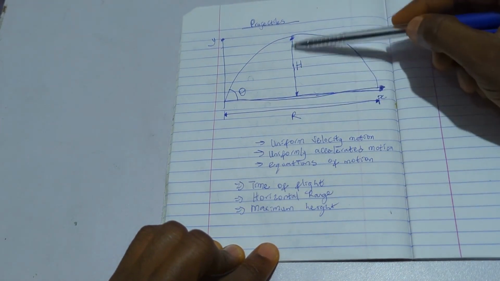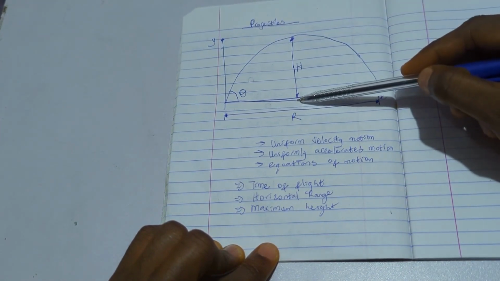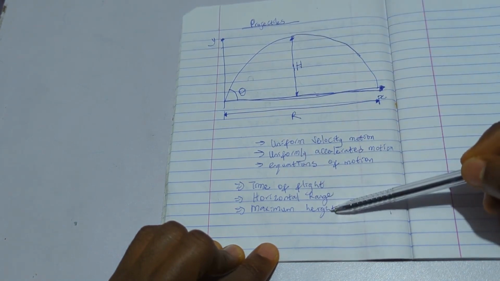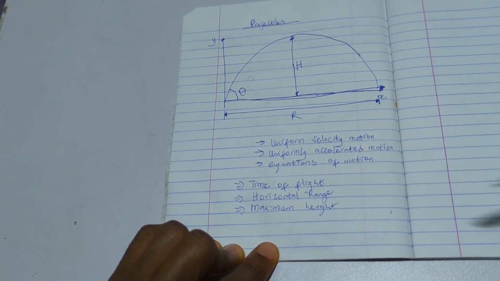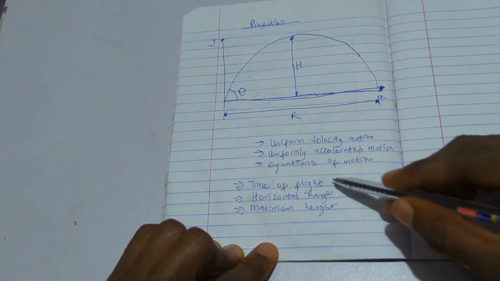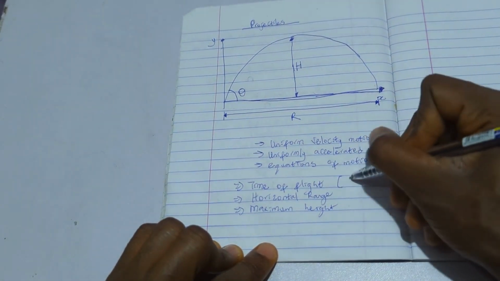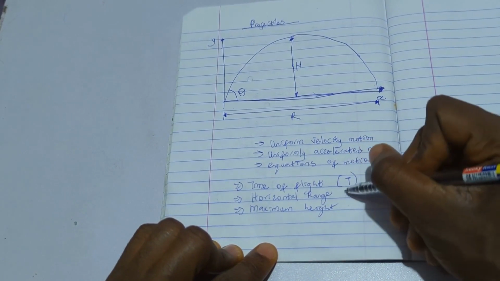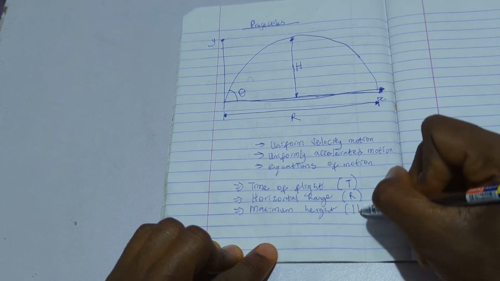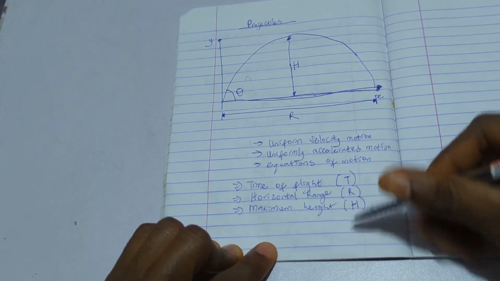That's the difference in height between where you initially threw it and the highest point it reached. So we have these three things that we've hopefully understood from the first part of the topic: your time of flight, whose symbol is capital T, your horizontal range, R, and your maximum height, H. Those are the three things.